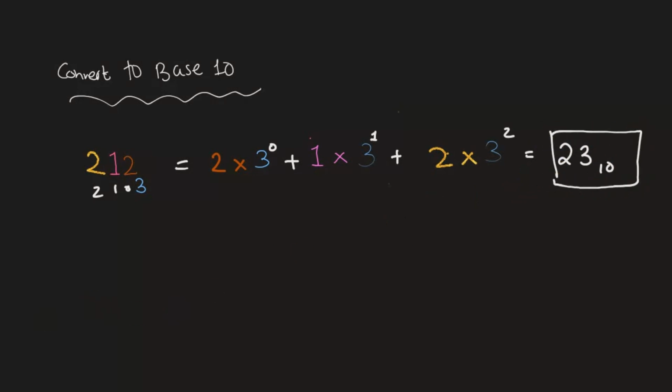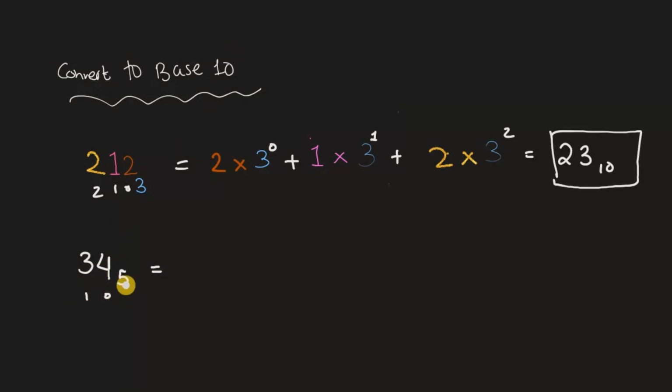Now let's do another problem, but now without color coding because I think you guys got the idea. So now let's do 34 in base 5. We have this one and we want to convert it to base 10. How do we do this? Again, 0, 1, just to know this.